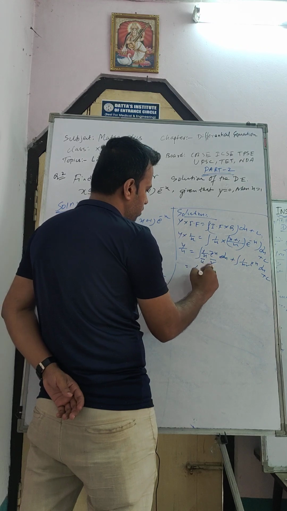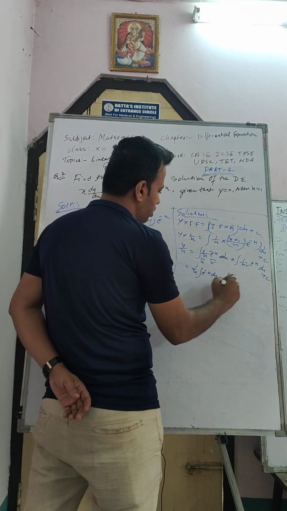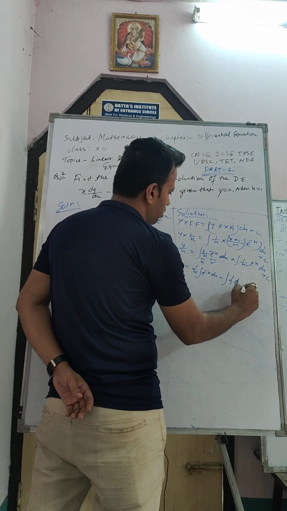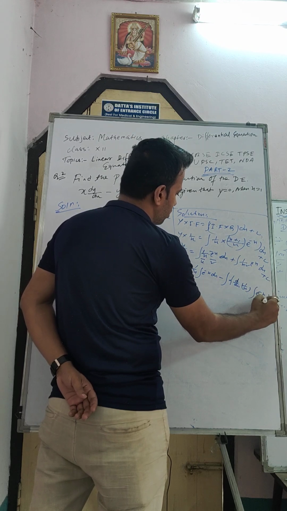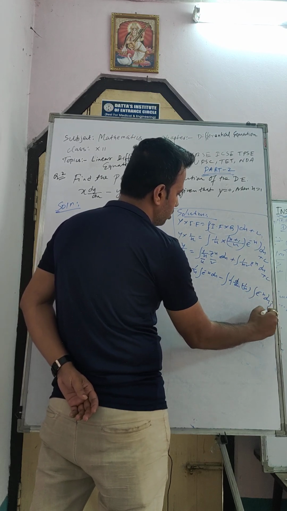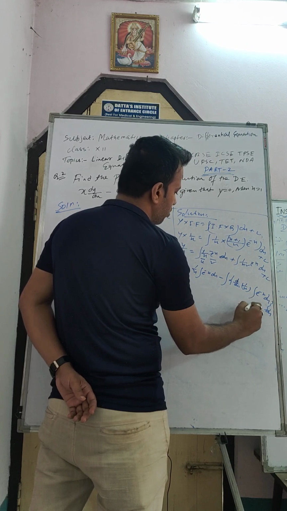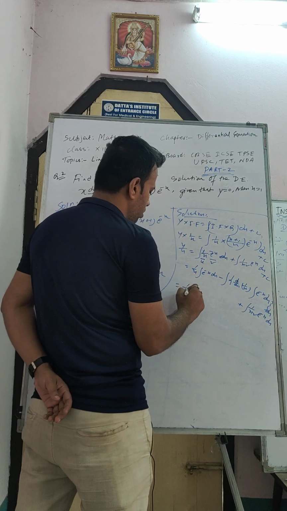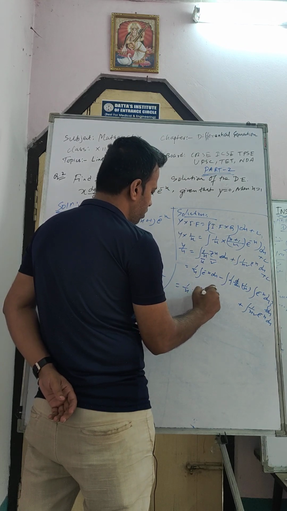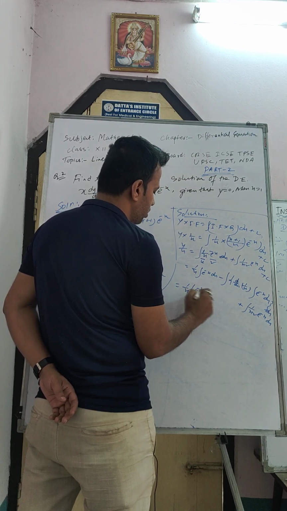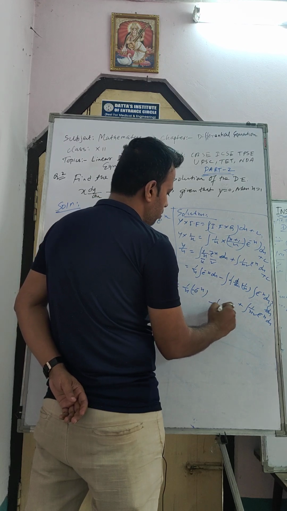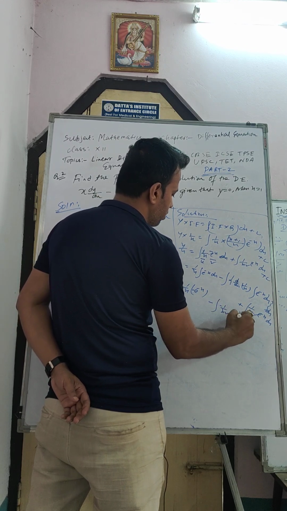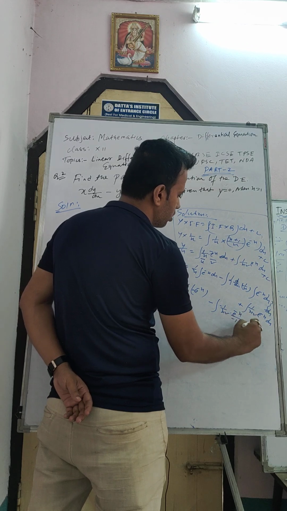So integral of 1 by x e to the power minus x dx, integration by parts: 1 by x into the integral of e to the power minus x, minus integral of d/dx of 1 by x times the integral of e to the power minus x dx, plus c. So 1 by x, it will be e to the power minus x by minus 1, minus integral of minus 1 by x square e to the power minus x by minus 1 dx.